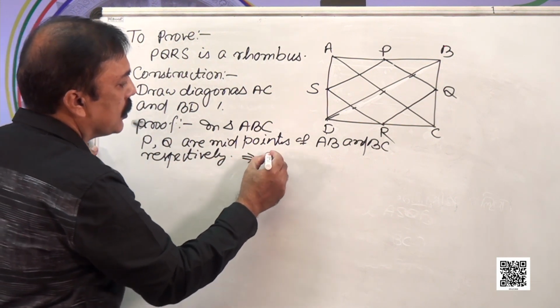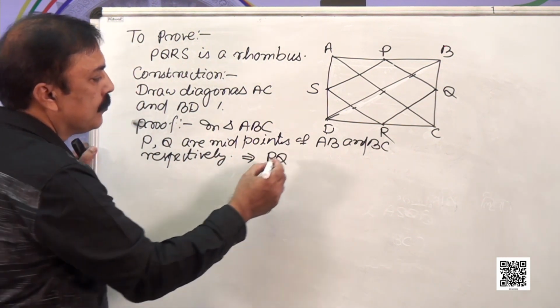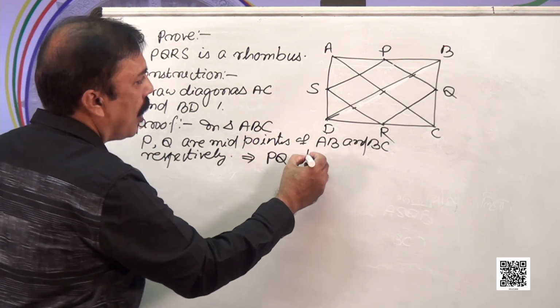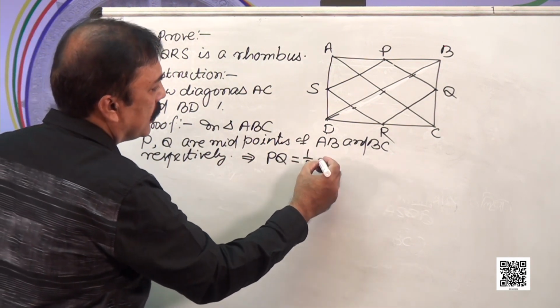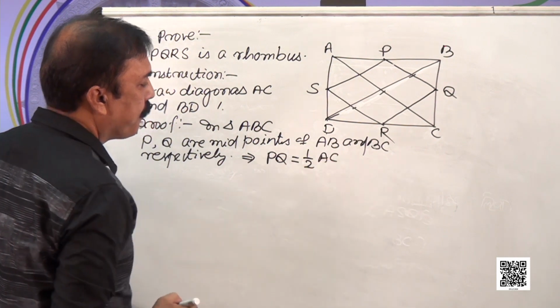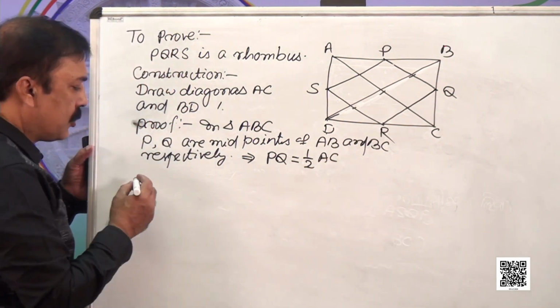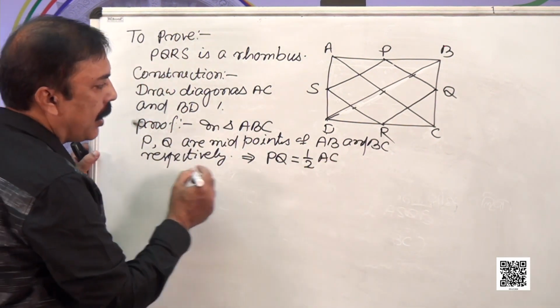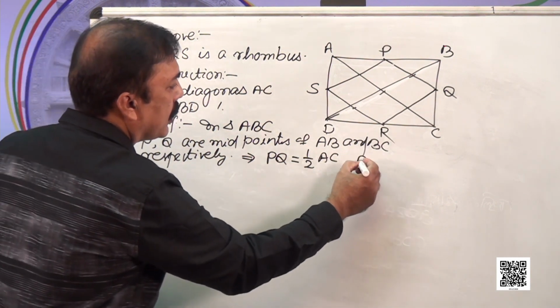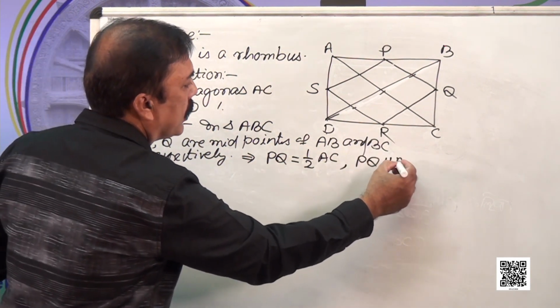This shows that PQ is equal to half of AC, and PQ is parallel to AC.